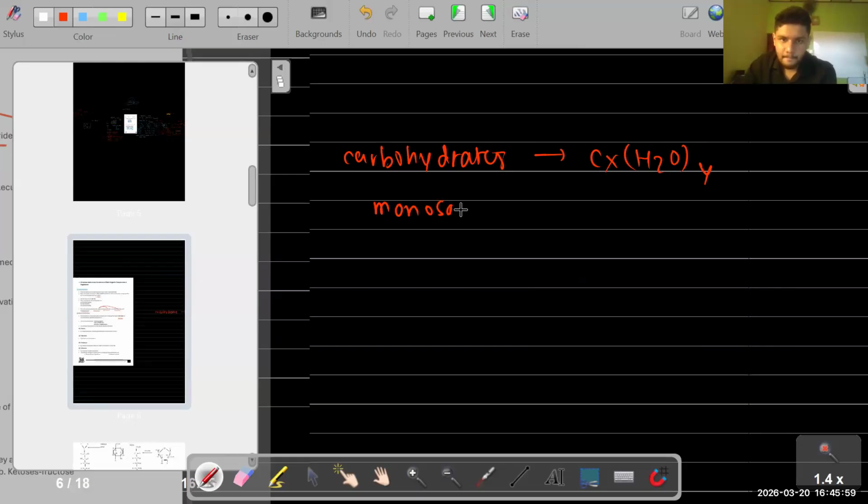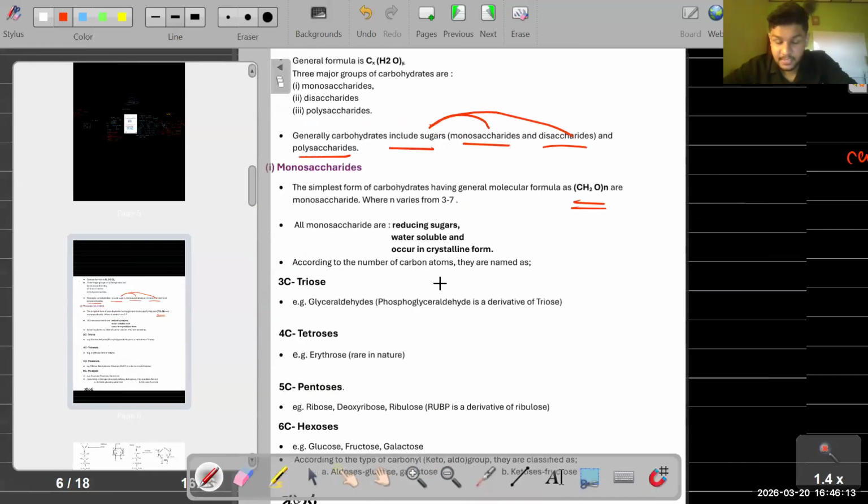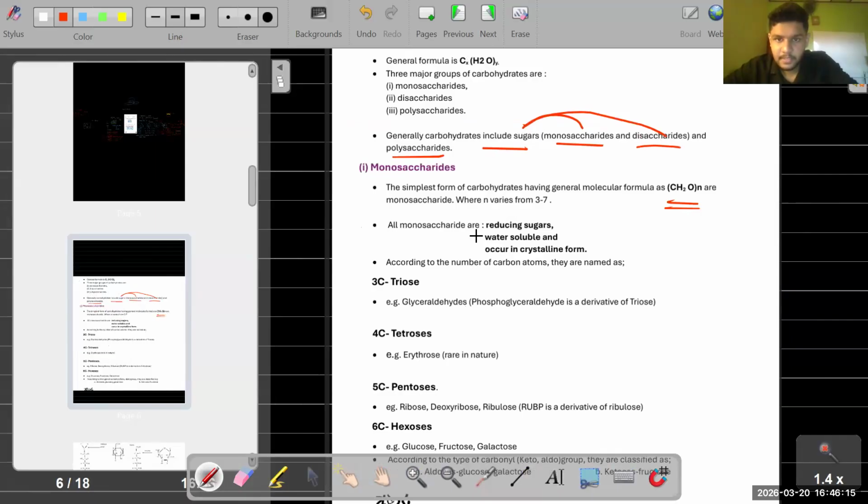Monosaccharides: CH2On, right? These two are the symbols. This n value can vary from 3 to 7. The n can be 3, it can be 4, it can be 5, it can be 6 or 7.